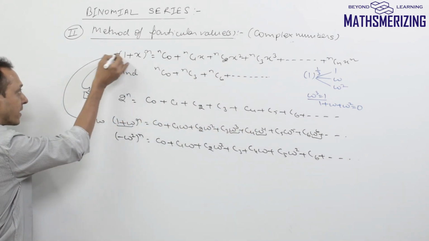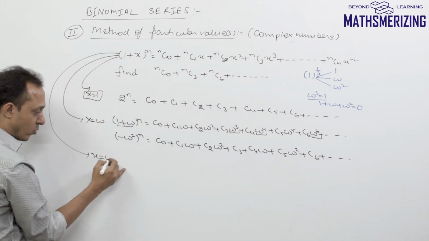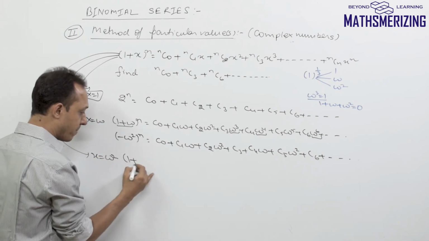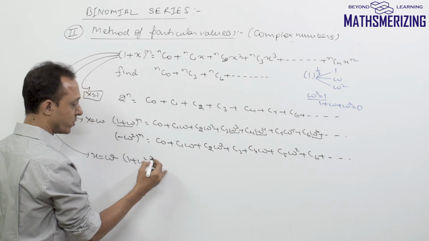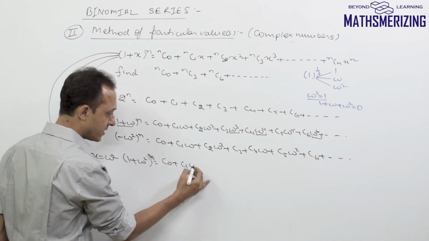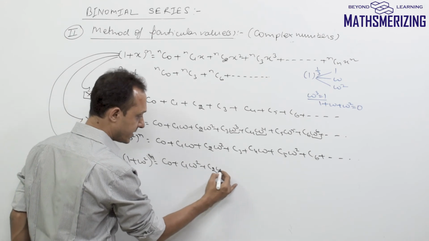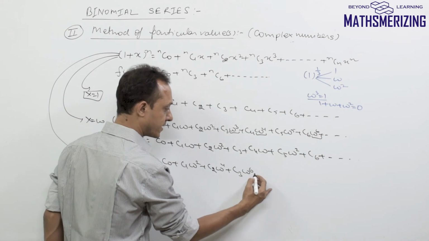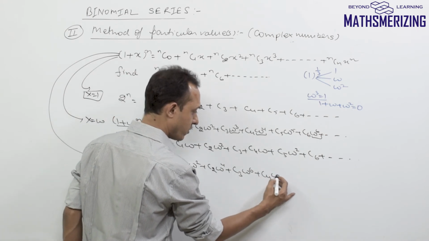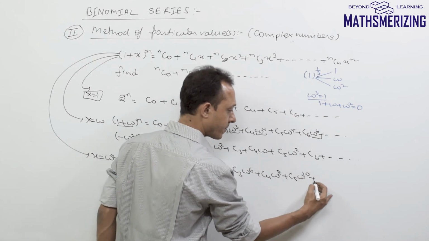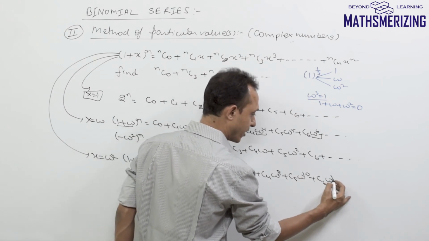Now I'll take another series, and for that I'll put x as omega square. So if I put x as omega square, I'll get (1 plus omega square) to the power n, and it will be C0, C1 omega square, C2 omega to the power 4, C3 omega to the power 6, C4 omega to the power 8, C5 omega to the power 10, and C6 omega to the power 12.